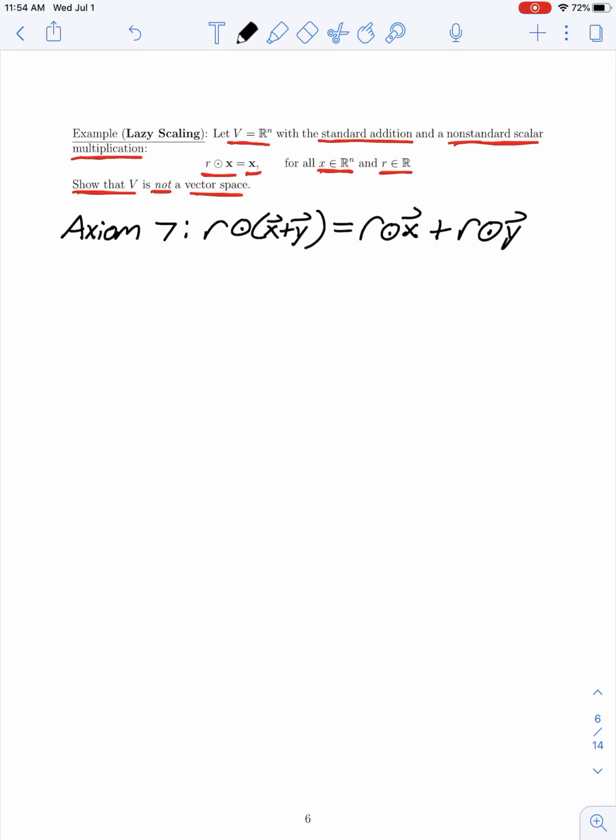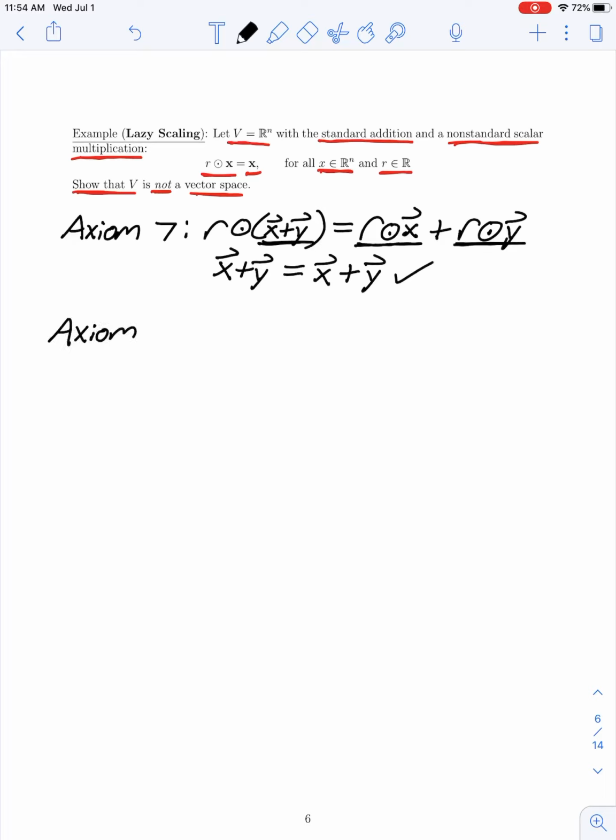So using our definition, on the left-hand side, regardless of what r is, when I'm taking a scalar multiple of a vector x plus y, using this odd definition, we take the exact vector x plus y. And on our right-hand side, r circle dot x is defined as exactly the vector x, and then we're adding r circle dot y, which is exactly the vector y. So we see that axiom 7 holds for this lazy scaling.